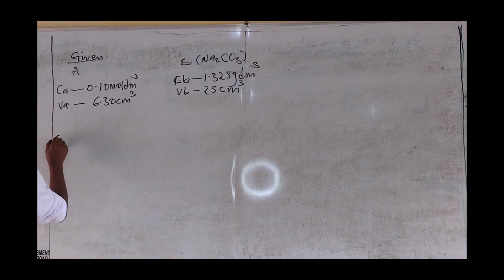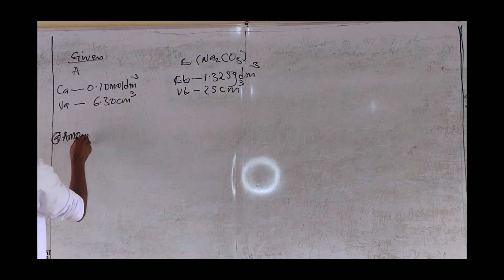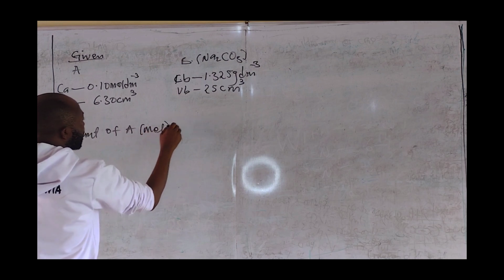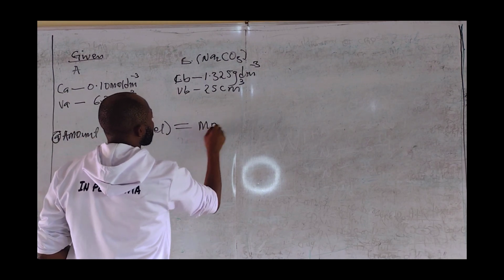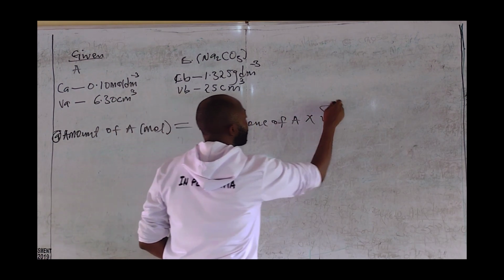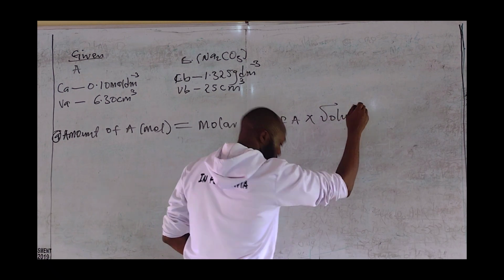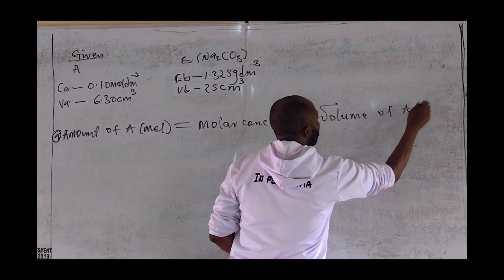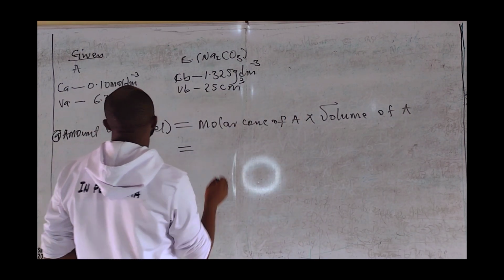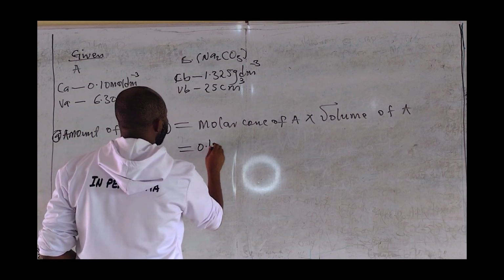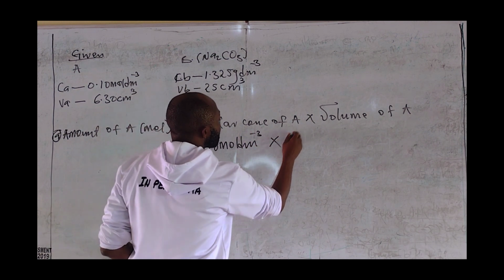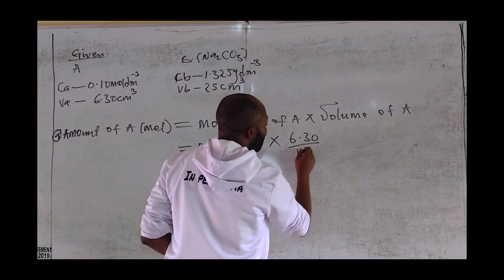So our amount of A in mole, of course, is molar concentration of A times volume of A. Now, the molar concentration of A is given to be 0.10 mole per dm cube times the volume, which is 6.30 over 1000.